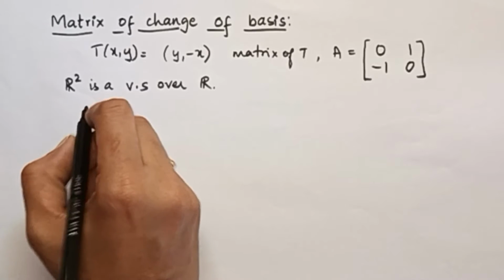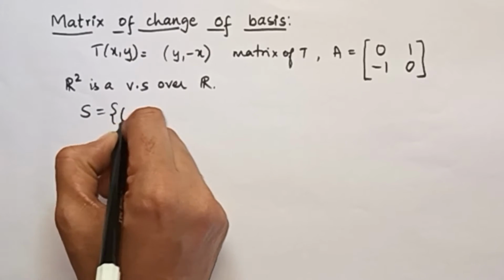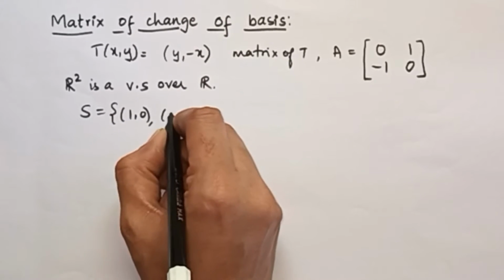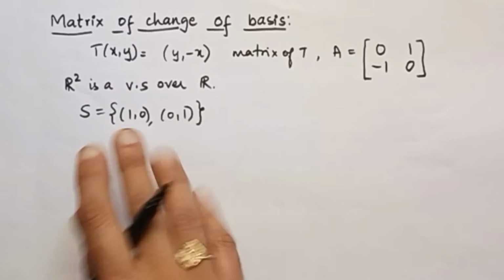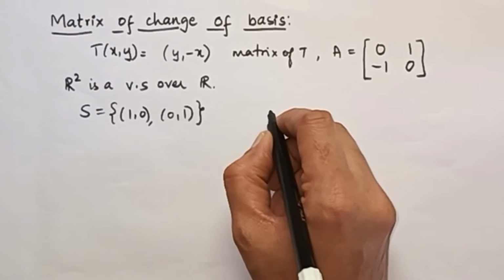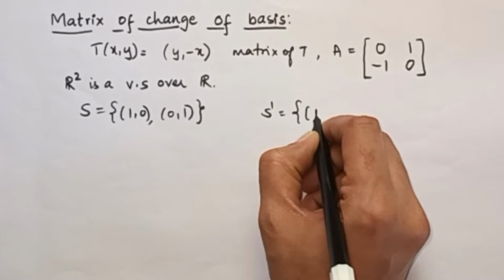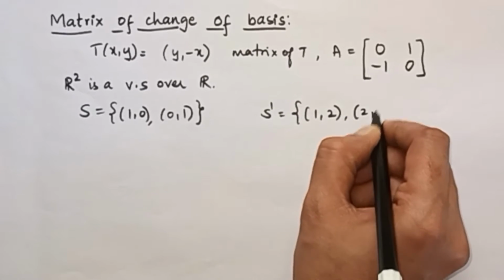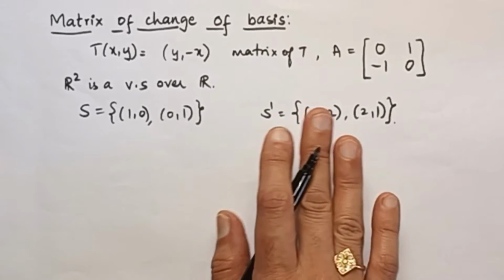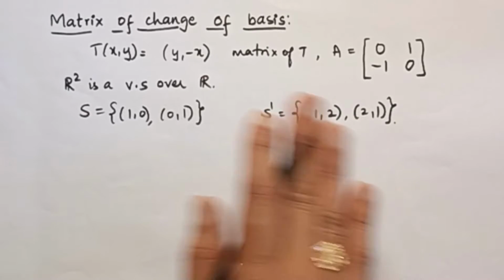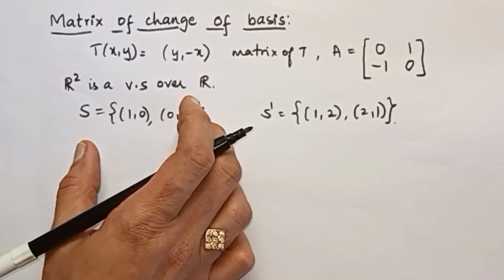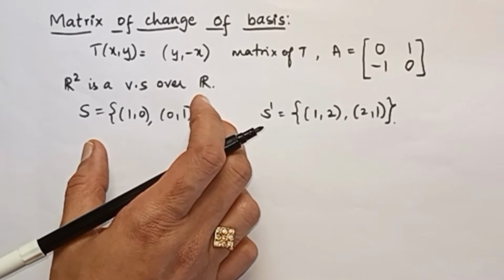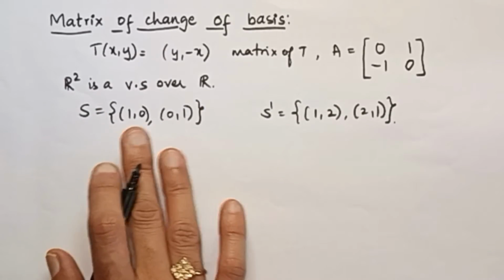Suppose you take S equal to (1, 0) and (0, 1) as the basis, that is the standard basis, and S dash equal to (1, 2) and (2, 1). This is another basis. When you consider S as a basis, every vector in R square is a linear combination of (1, 0) and (0, 1).